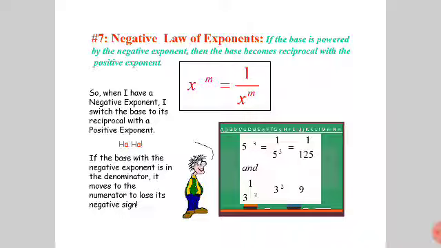So a is the reciprocal of 1 by a power minus 1. X power minus m equals 1 by x power m. So a negative exponent, we convert to the reciprocal.